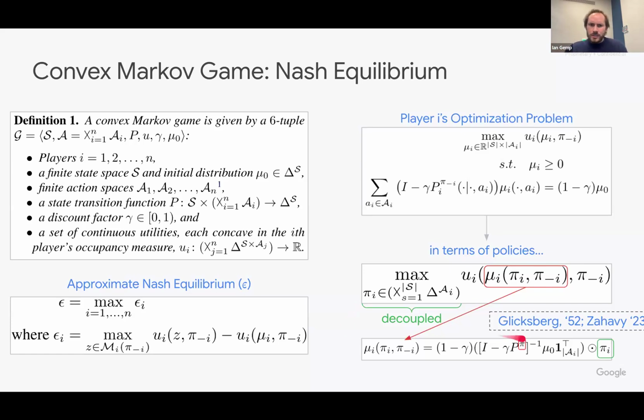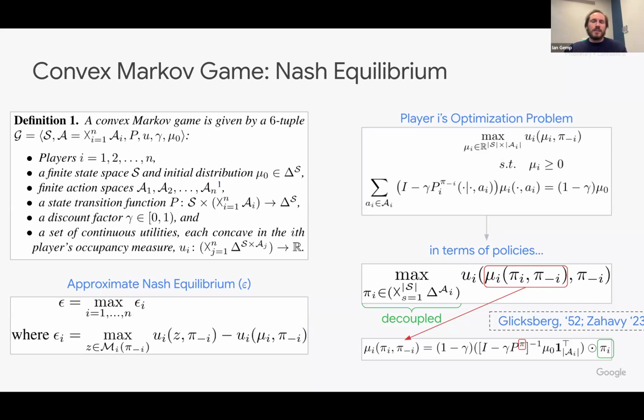This is the approach that was taken in the paper that Tom Zahavi and others worked on. They use policy space response oracles, a population-based training approach, for chess. And so they have to keep around checkpoints that they can then mix over.